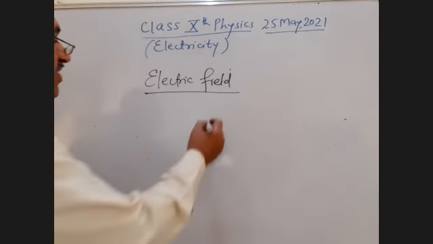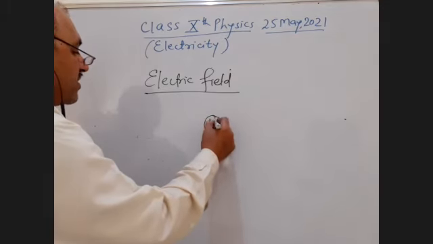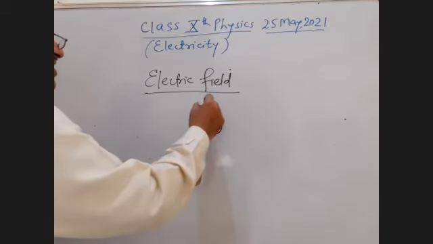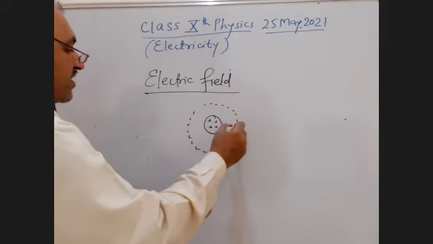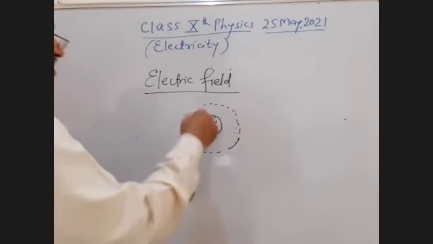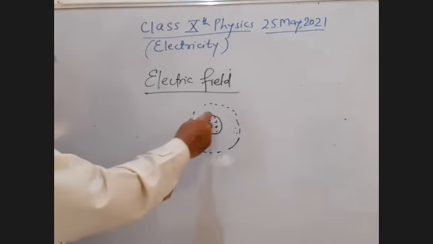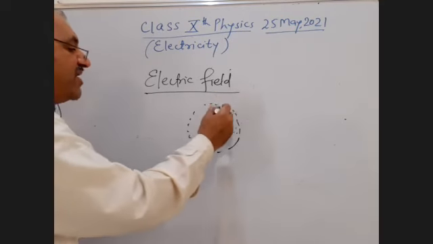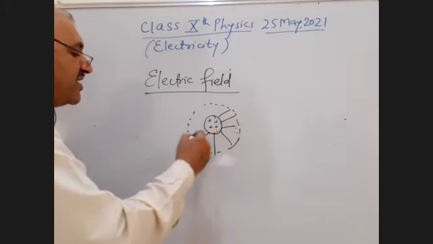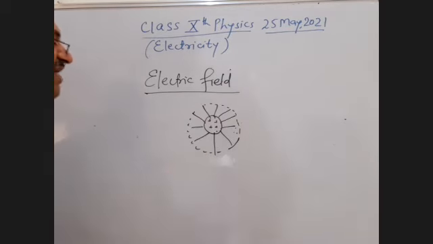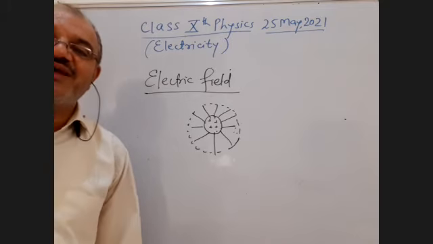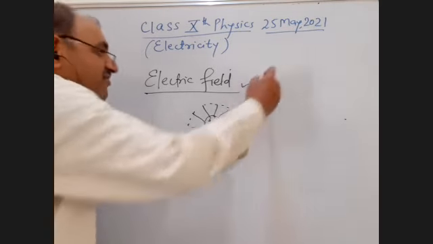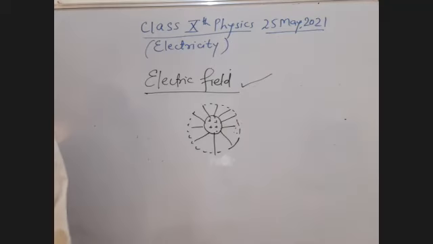For example, you have one charged body. The region or space up to which the influence of the charged body can be experienced is called the electric field. A very, very important term, students, because we are going to use it in electric potential and all.